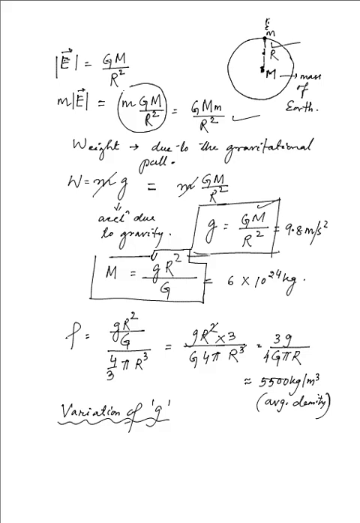So this value of g, as we can see from that expression over here, will vary with the height, that is altitude, or the depth in the inner surfaces, or in the inner region of the Earth. So let's check what that leads to, or so as to say how the variation occurs with the altitude and the depth. But before that, what we can also consider is the variation due to the shape.